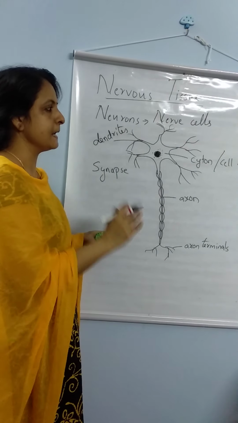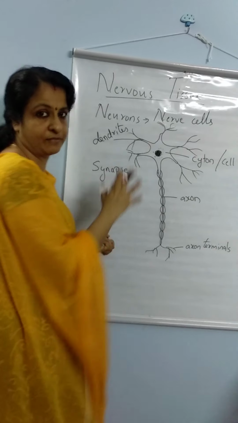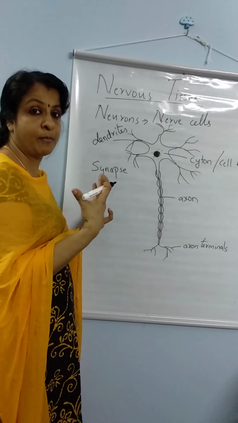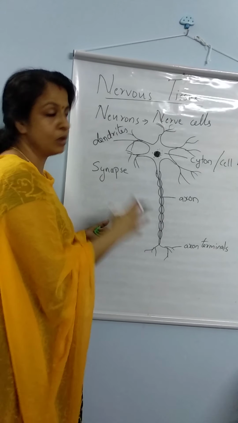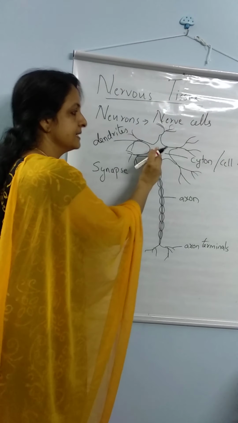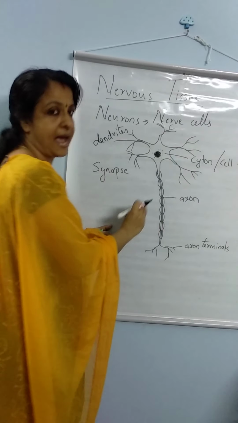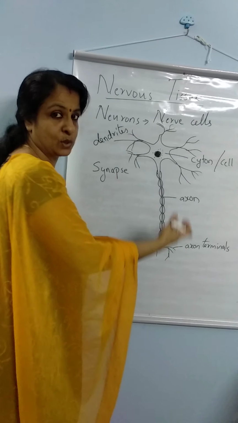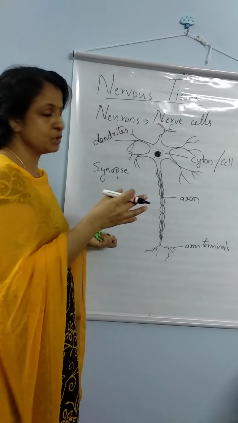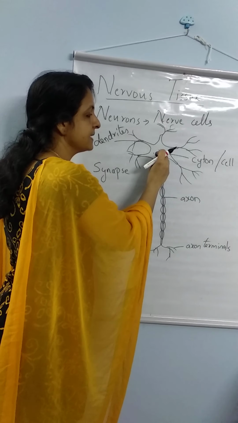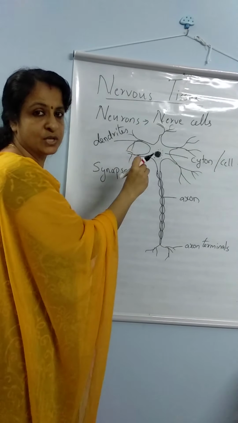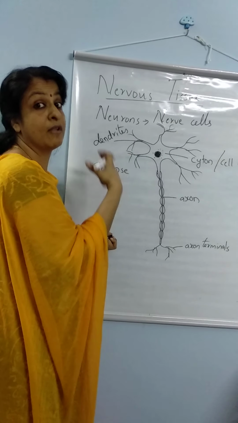What we need to remember mainly is the structure of the neuron and in which parts of our body these neurons or nerve cells are present. The neuron has three parts: dendrites, cell body or cytosol, and axon. Axon endings are called axon terminus. The dendrite receives the impulse and passes it on to the cell body, where the nucleus processes it.